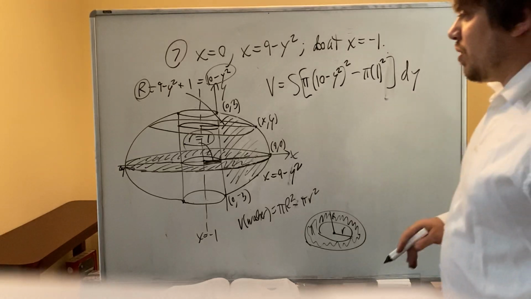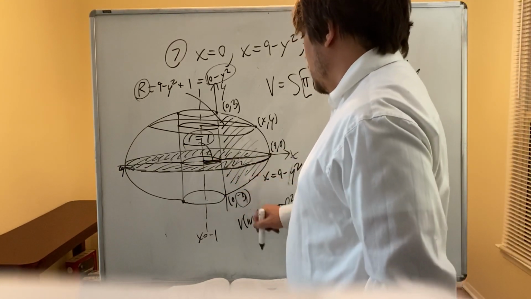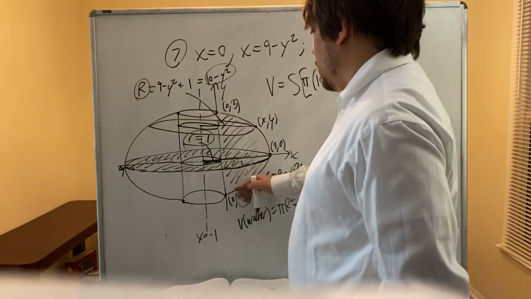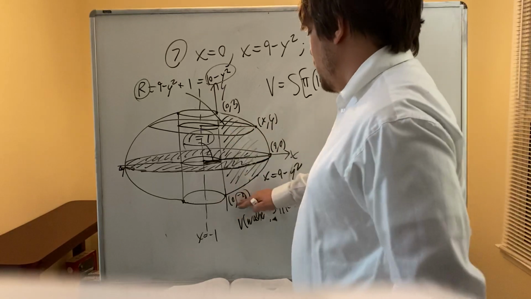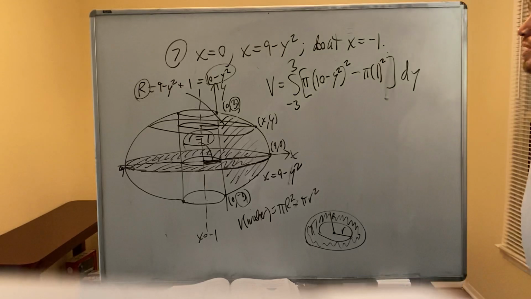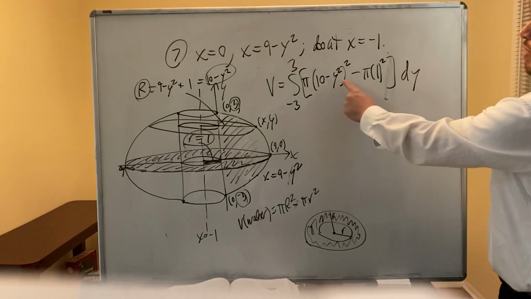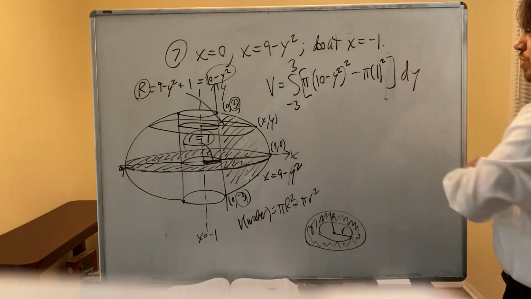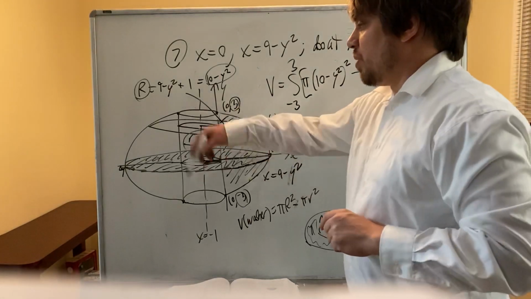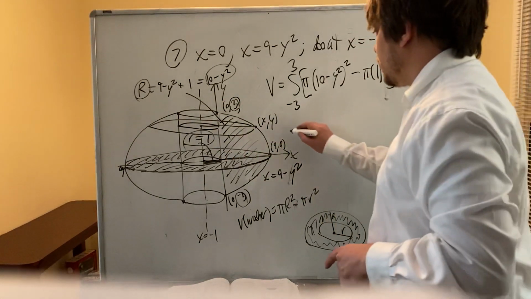And we're integrating from the smaller y value, which is -3, going from the original shaded region from y equals -3 to y equals 3. And so our volume is the integral from -3 to 3 of pi times (10 minus y squared) squared minus pi times 1 squared dy. When we calculate this definite integral, we find the volume of our three-dimensional solid of revolution.